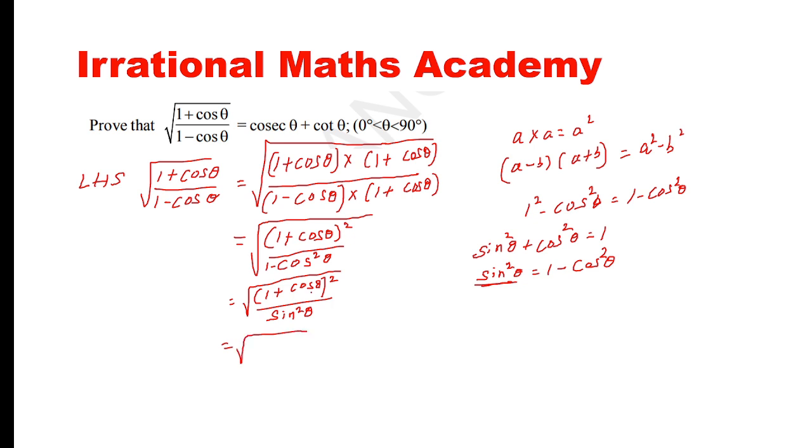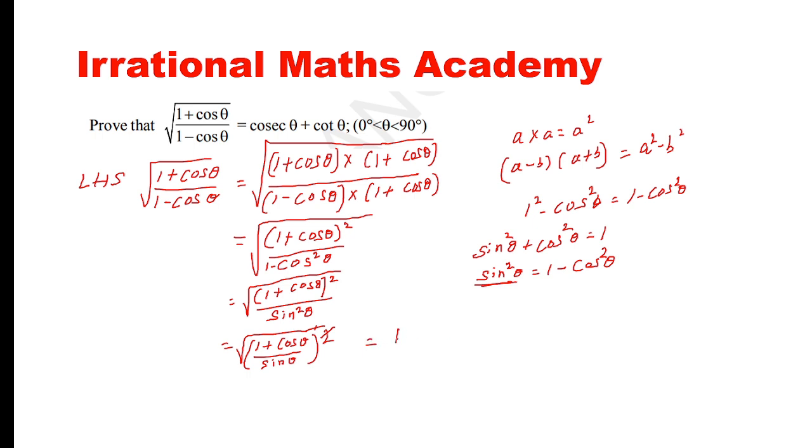Under root of 1 plus cos theta whole square by sine square theta. I'll write it as 1 plus cos theta by sine theta whole square, and this square and the root get cancelled.